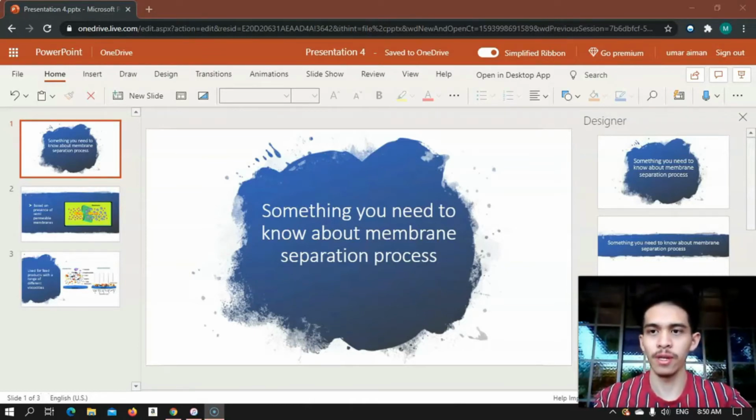It's going to present the introduction of membrane separation process. There is a lot more for you to know about membrane separation process.